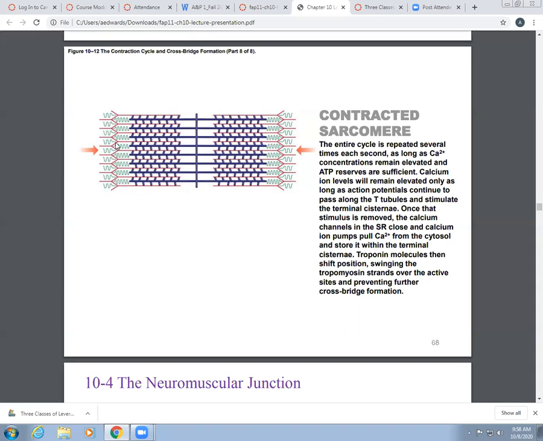Okay, so your dark bands, or your thick filaments, they stay the same length. Myosin didn't change. What really changed is the ends of the sarcomere got pulled closer together. So the distance from Z line to Z line shortened. Your zone of overlap increased.